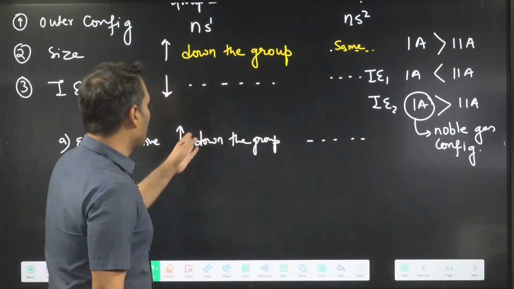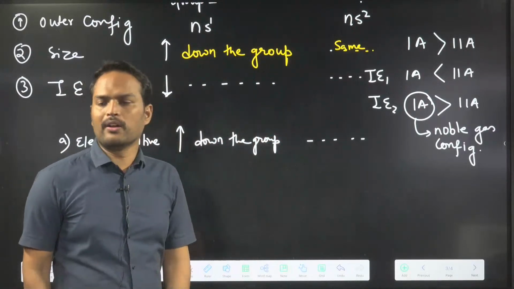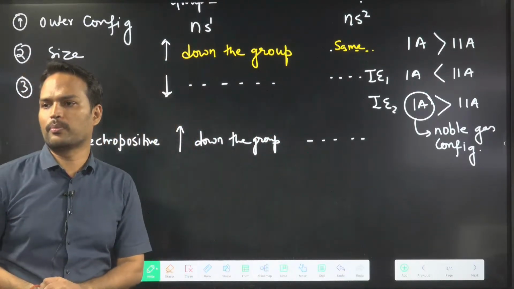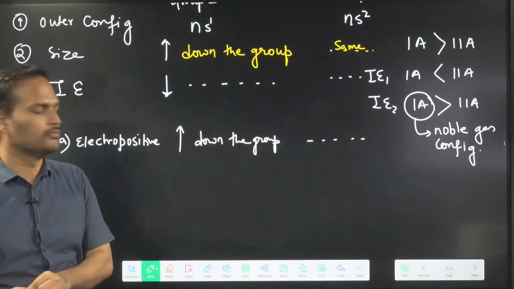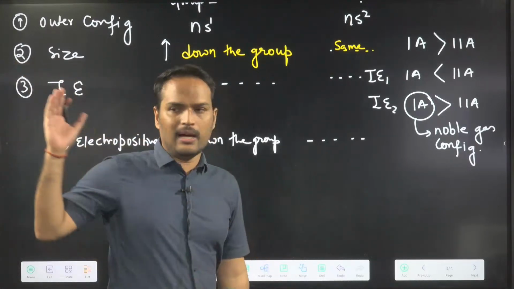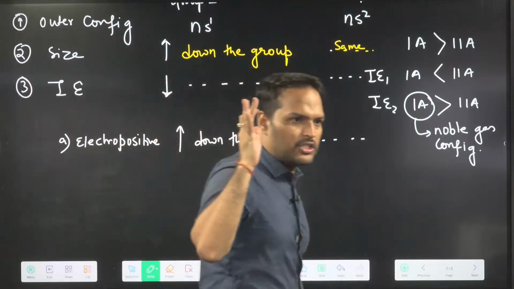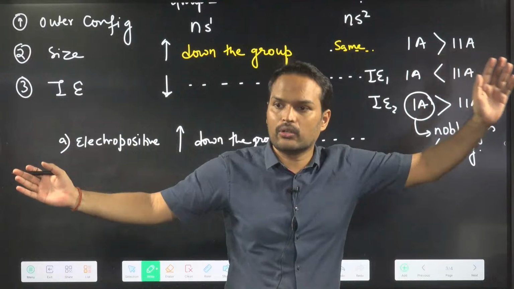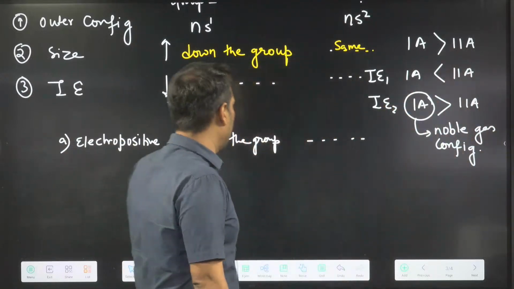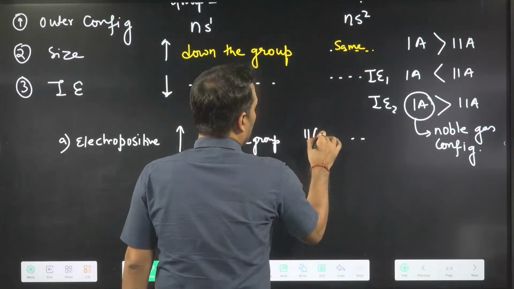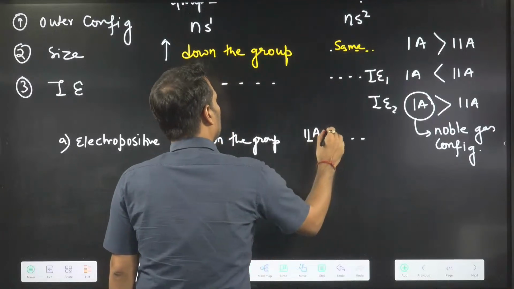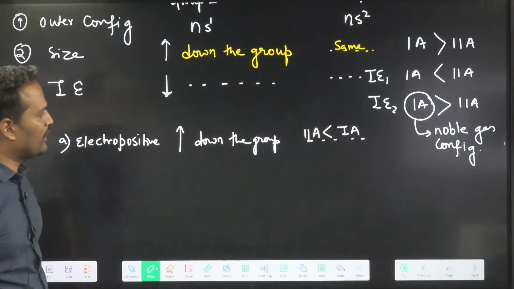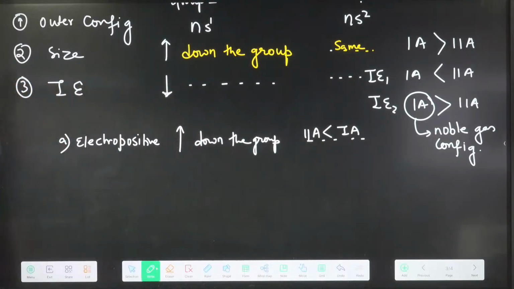Who is more electropositive? 1 or 2? In a period, electropositive nature decreases. Here you have metal, there you have non-metal. They are electronegative. So you can say 2A is less than 1A. 1A is more electropositive. Clear?